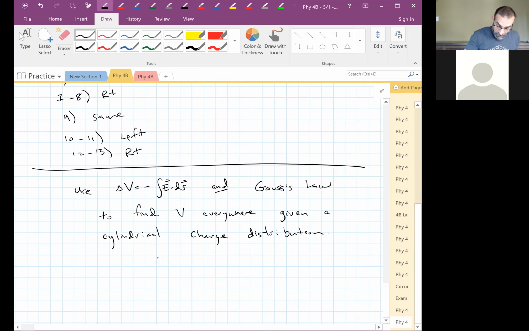okay, so we've got an infinite length cylinder. It's a conductor.